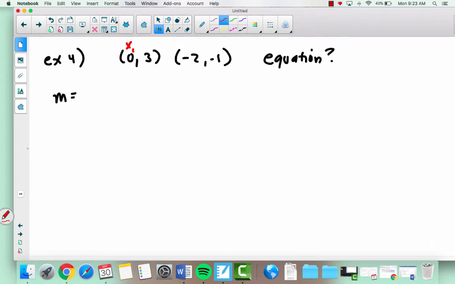So I'm going to go ahead and label x1, y1, and then x2, y2, and start plugging in. So we'd have -1 minus 3 over -2 minus 0. And if we simplify that, we get -4 over -2, which reduces to +2 over 1. Now we have our slope, so we can choose to use point-slope form or slope-intercept form.